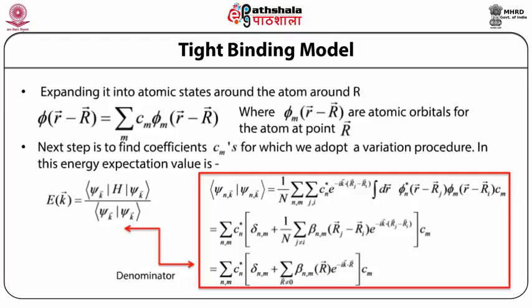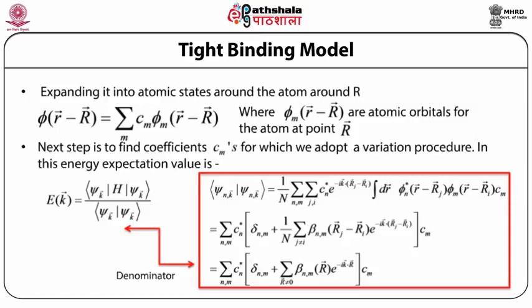Taking this to be a good choice for the wave function, we adopt a variational procedure to determine the various C_m's. The energy expectation value E_k is equal to the expectation value of the Hamiltonian H with respect to the wave function divided by the normalization of the wave function. We first evaluate the denominator as it is easy.